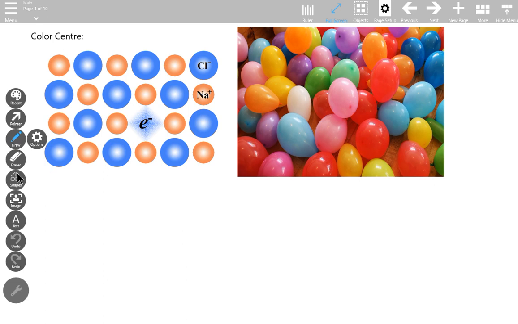We will classify the color center into 6 different types, like F center, and F prime, or F dash we will say, or it is classified as R1, R2, M, and V center.